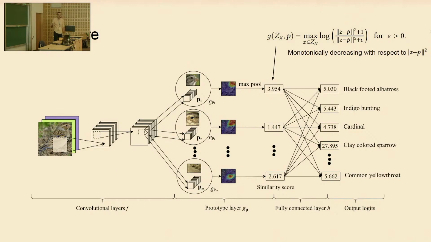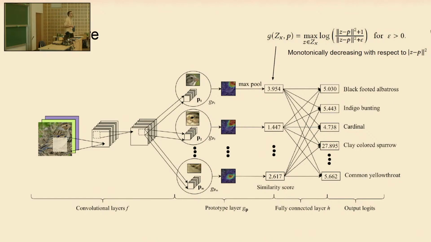So, one more thing. Why do we say that this kind of network is interpretable? This is the question that appeared to me. Why should we consider it interpretable, and why is it better than GradCam, for example?